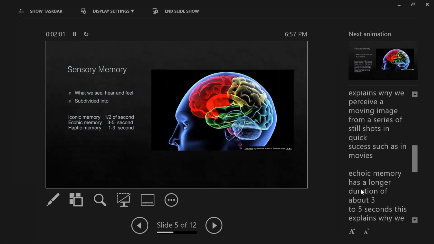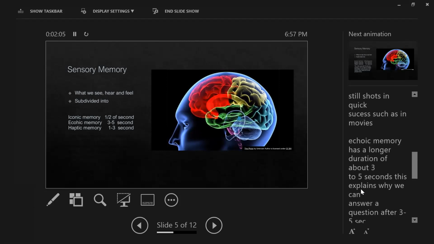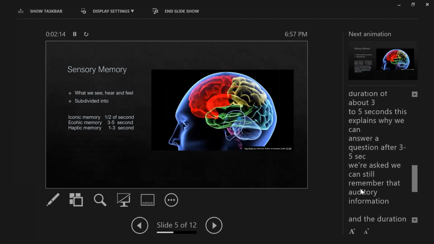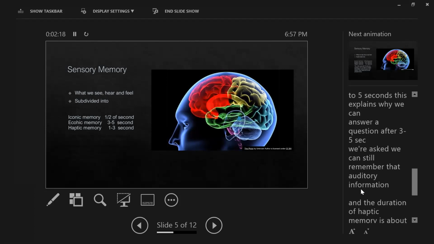Echoic memory lasts for 3 to 5 seconds. In this, we use our sense of hearing, which means that within 3 to 5 seconds of hearing a question, we are still able to answer it using our auditory information.